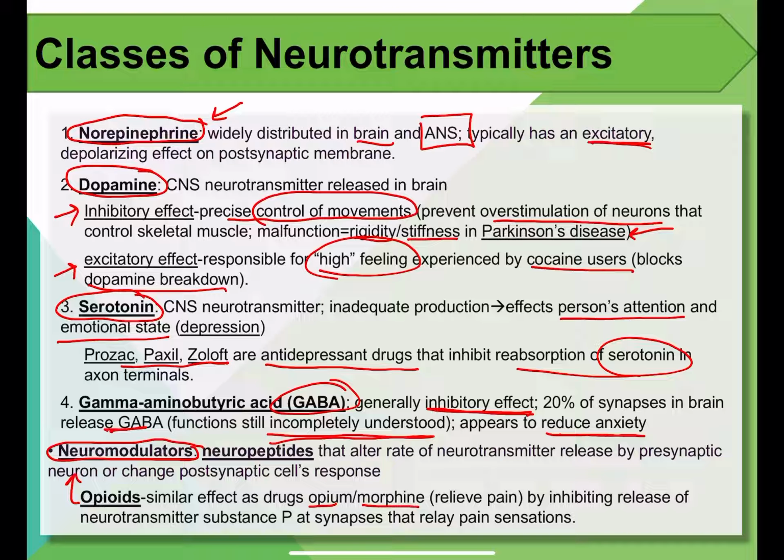You don't feel that sensation of pain as much when you have morphine injected into the body, because morphine will inhibit the release of another neurotransmitter called substance P, which is mainly for relaying pain sensation. So if you block substance P from being released into the synaptic cleft, then you don't feel the pain, because none of that sensory information is being relayed to the central nervous system.